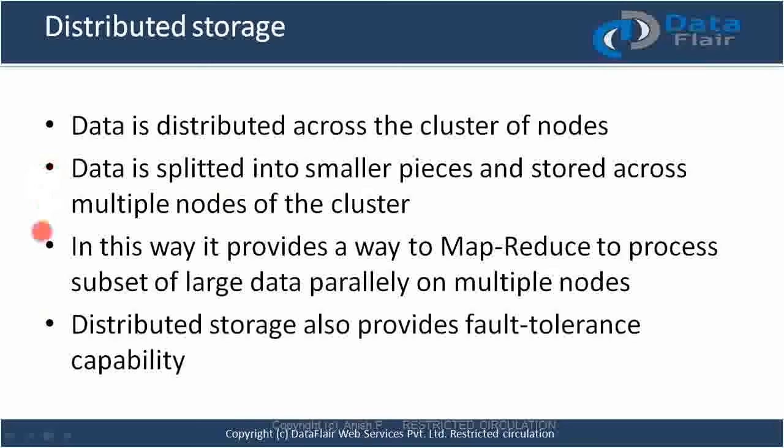Due to this distributed storage, MapReduce can process a subset of large data parallelly on multiple nodes. Since my data is split up into small pieces, MapReduce can process the data distributedly or parallelly. Distributed storage also provides the fault tolerance capability, since the data is split and distributed.